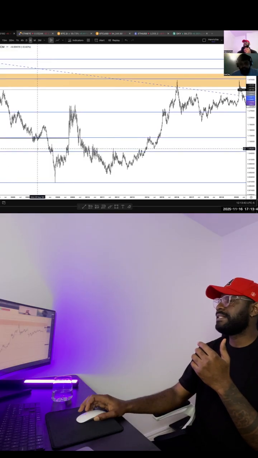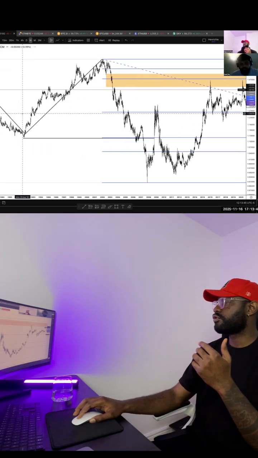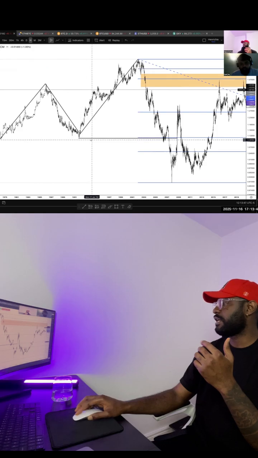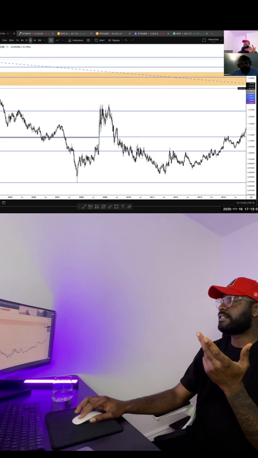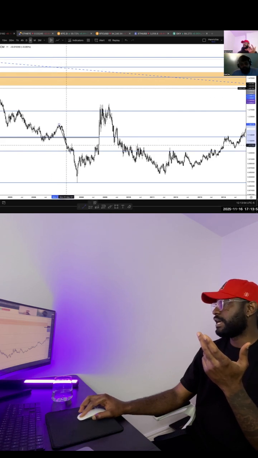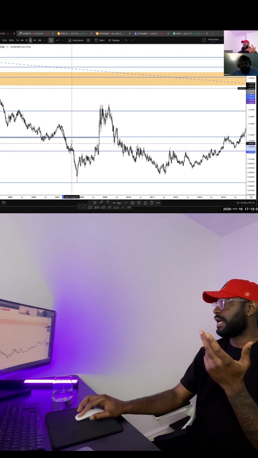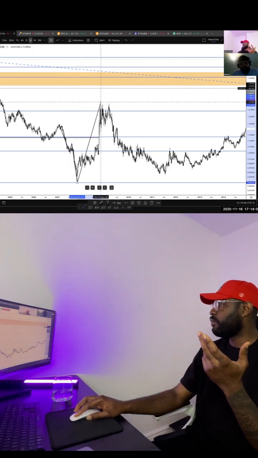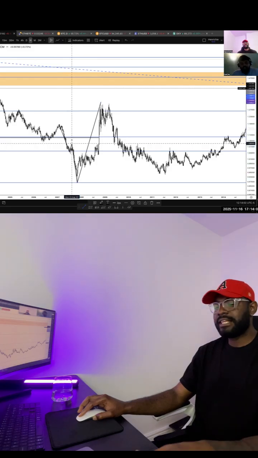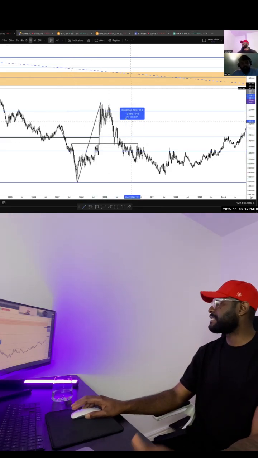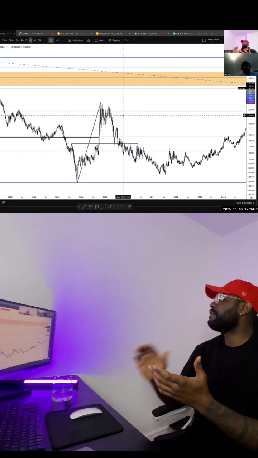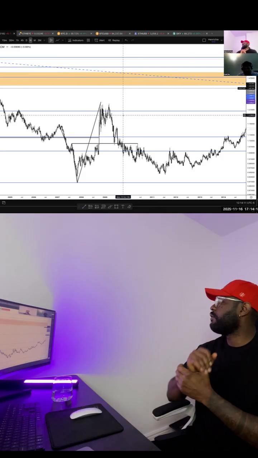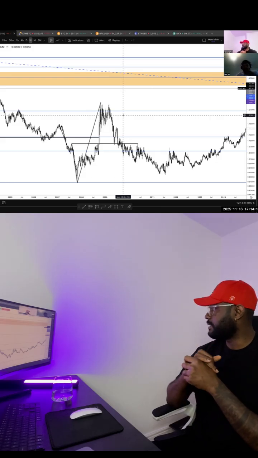After we broke structure down here, this was the 3-month structure that we broke down. The market was trending to the downside, consistently creating lower highs and lower lows, until the market structure shifted on the weekly time frame. That's the market giving you a telltale sign that on the short-term perspective, we're not going to be going to the downside anymore. Upside is going to be the higher probability.